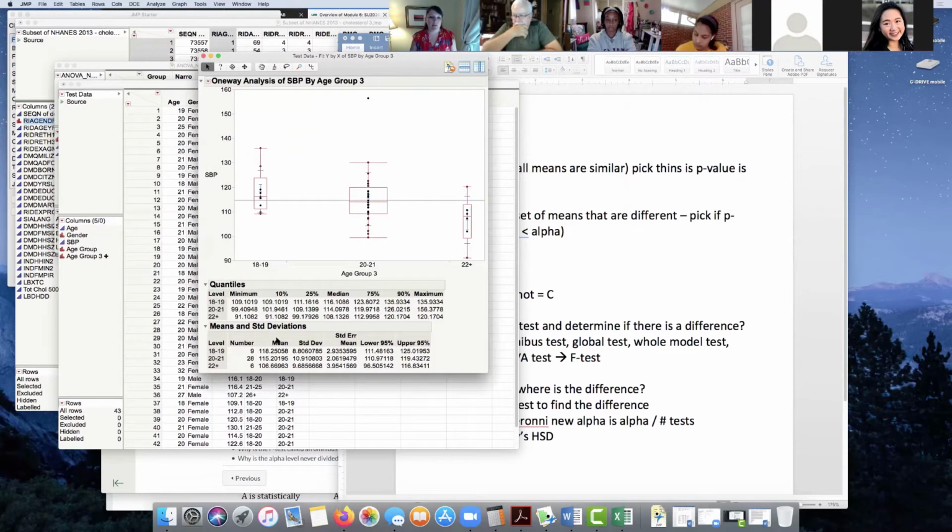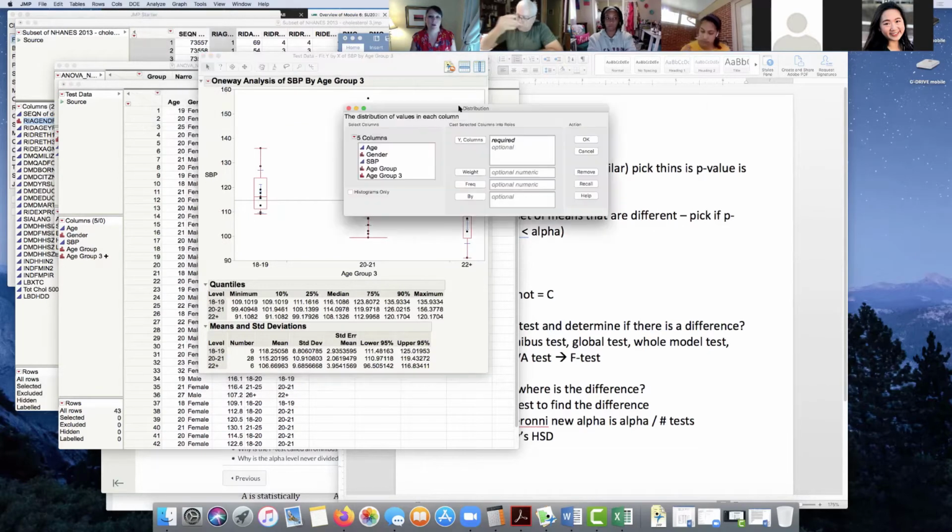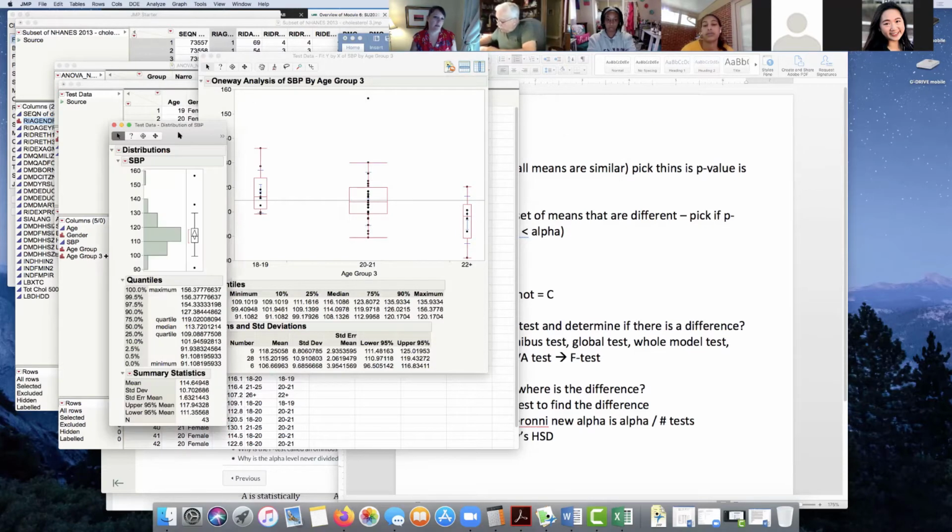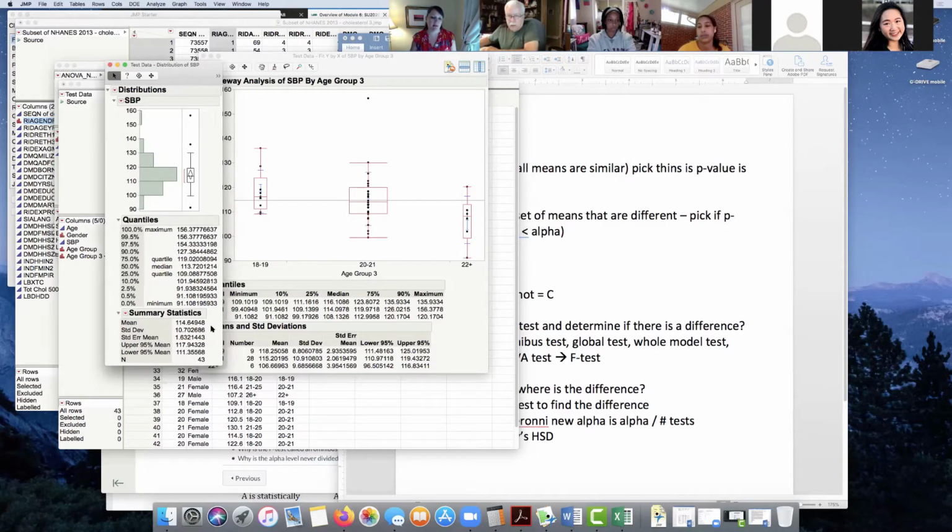And my null hypothesis is, do we have one mean systolic blood pressure? If somebody was to be 18 to 22 years old, and they would say, what's my systolic blood pressure? My best guess is this 114.6. That's my overall mean. My null hypothesis is that age group doesn't matter when predicting blood pressure.